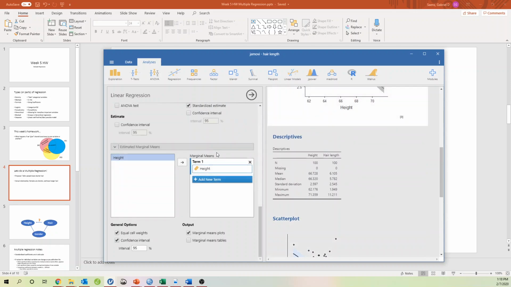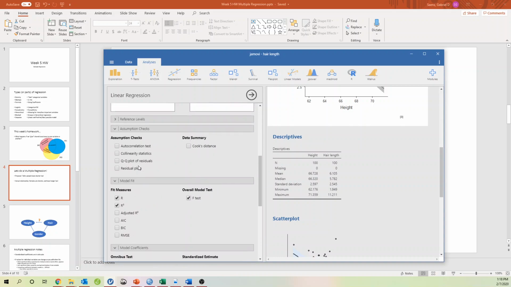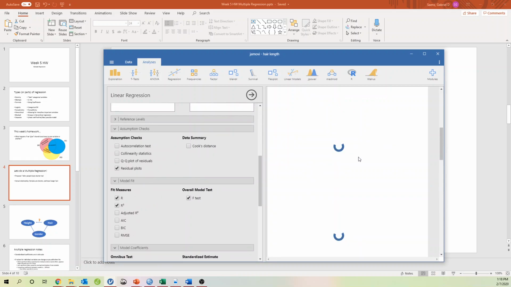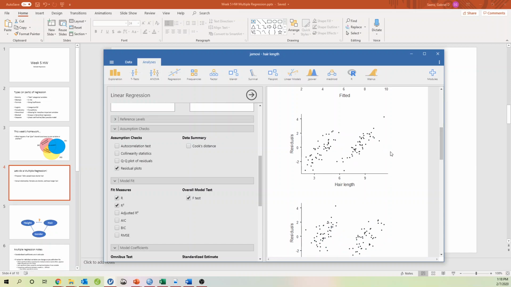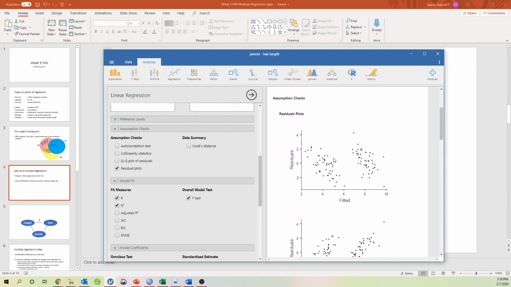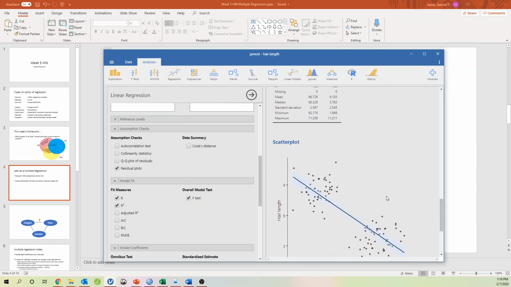If I can show you that, let's go to the residual plots. So here we go. It's showing you that there's a fair amount of residuals in this area, a fair amount of residuals in this area, no residuals here in the middle. And as it goes up in this beginning part, the residuals get smaller. Can we see that here?